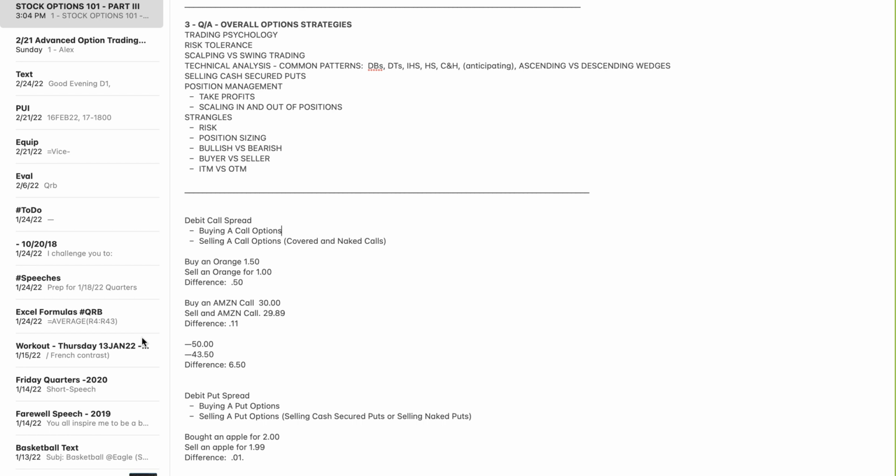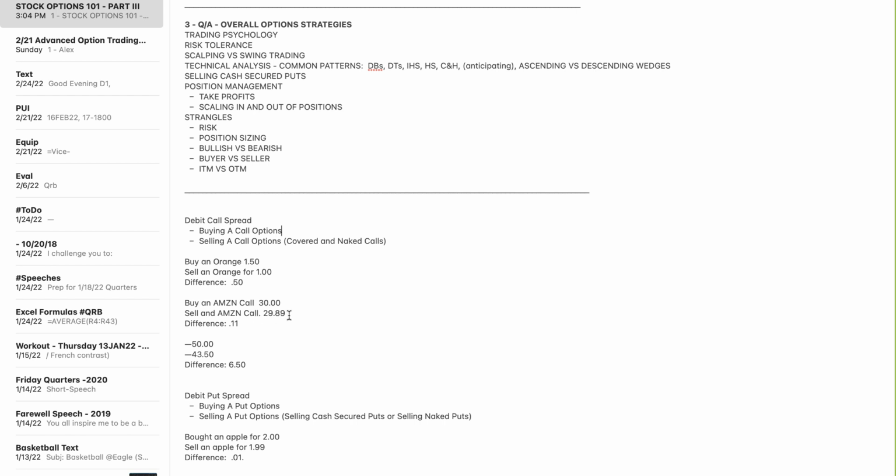What if you thought Amazon was going to go through the roof over the course of the next 4 to 8 weeks, and you wanted to profit off of this prediction, maybe from your technical analysis? But you couldn't afford to buy an option for it, which might cost you $3,000, $15,000, maybe even more, depending on the expiration date and strike price.